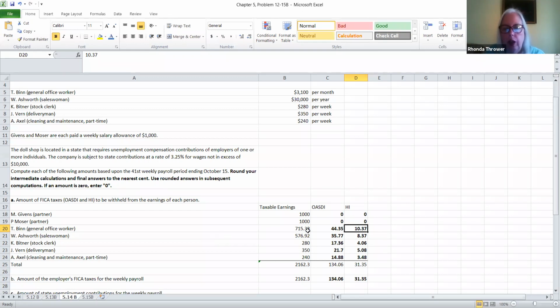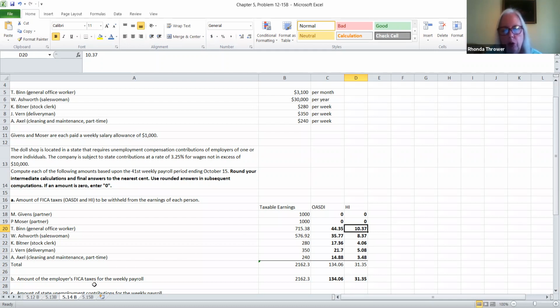So basically, you're taking each one of these and multiplying it by 6.2% to get your OASDI numbers, and 1.45% to get your HI numbers. And then what I did is I simply combined all these together to get totals. This is what the employees would put in, or these amounts right here. They have to pay that for FICA taxes, which are your Social Security and your Medicare.